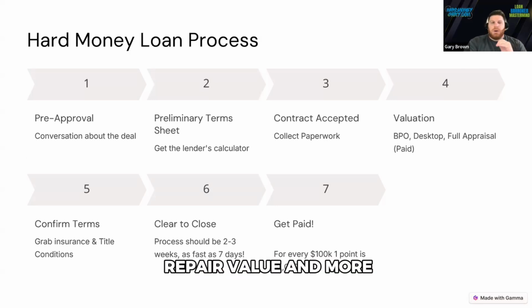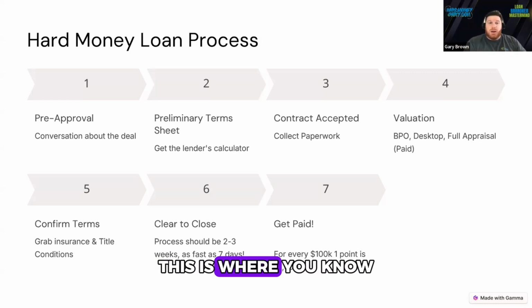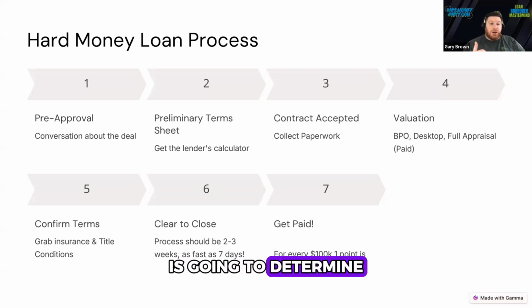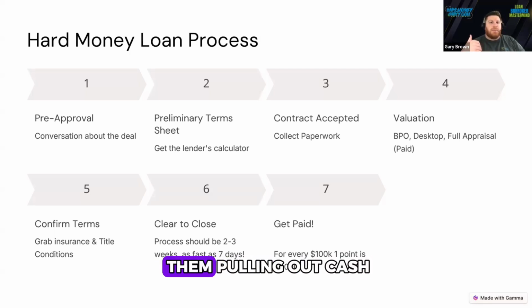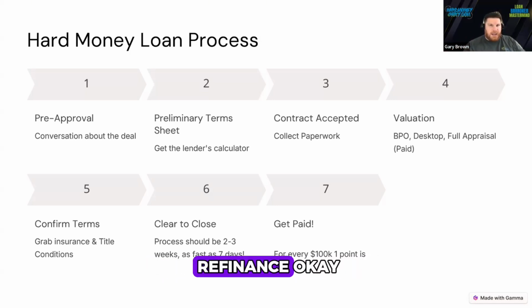It's after repair value. And more so, I would say 1 and 1A. One is the purchase price, 1A is the after repair value. This is what a property will be worth once it's all fixed up, and the after repair value is going to determine whether or not there's a likelihood of them pulling out cash, allowing them to repeat this process over and over again when they go to refinance.